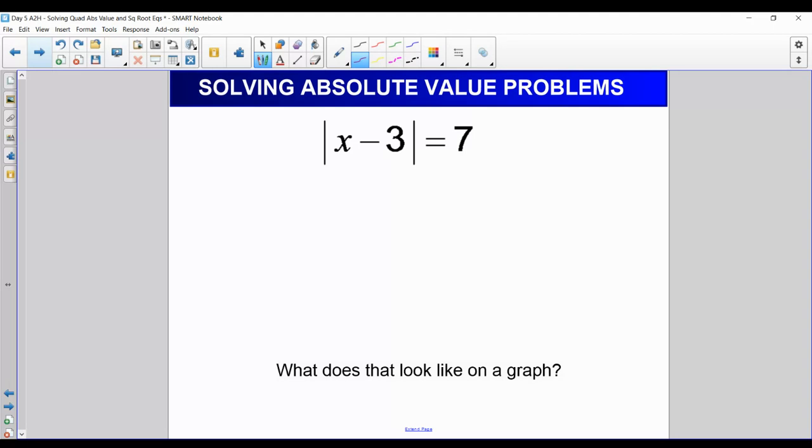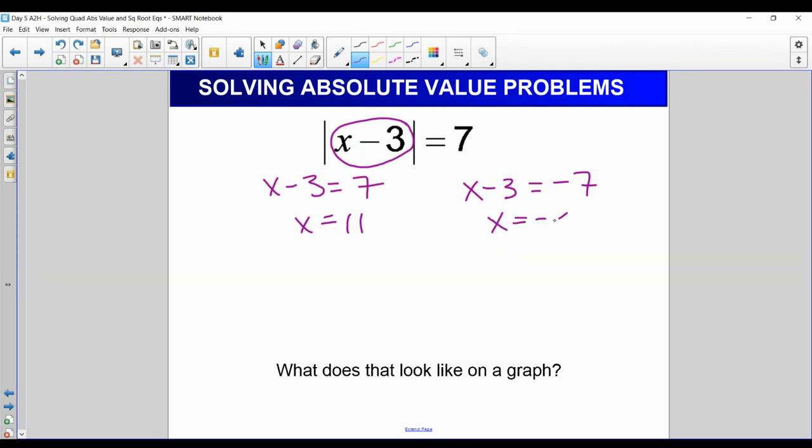Okay, so if I think about this one, I'm going to take what's on the inside and say x minus 3 equals 7, but I'm also going to take what's on the inside, x minus 3, and set it equal to the opposite, so negative 7. Then I'm going to solve these both: add 3 to get 10, and add 3 to get negative 4. So if I'm talking about that on a graph, what does that look like?